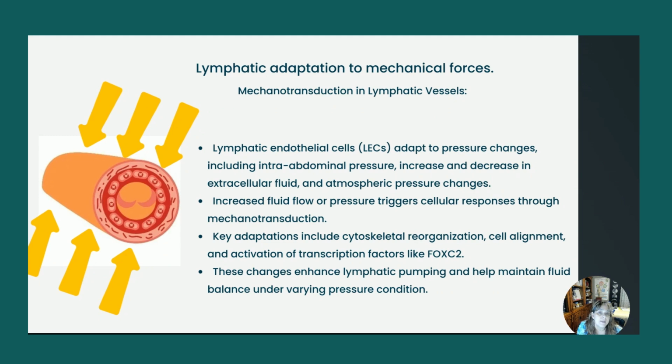So these endothelial cells will adapt and change based on the pressures that are put upon it or taken away from it. And generally, you're going to have a decrease or variability in pressure inside the body, outside the body, through the abdomen, through fluid exchange, over excessive fluid, not enough fluid. There's many things that will influence the function of these vessels.